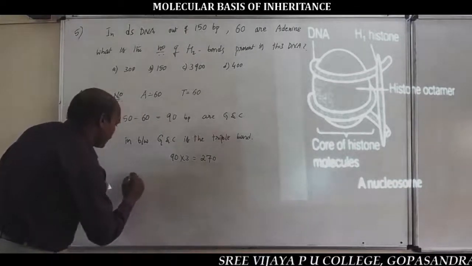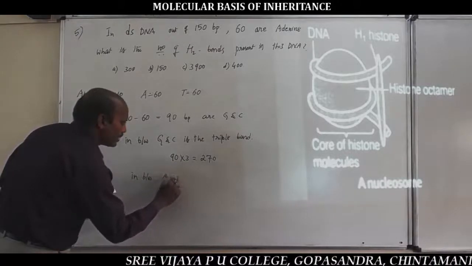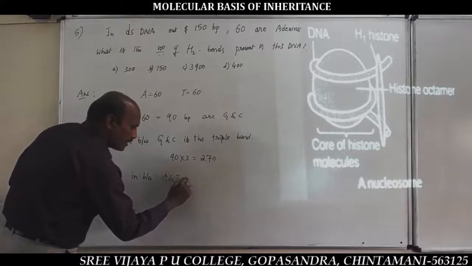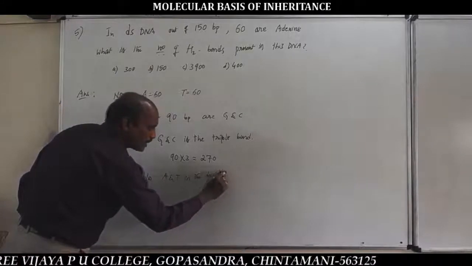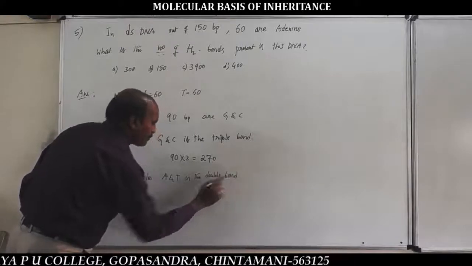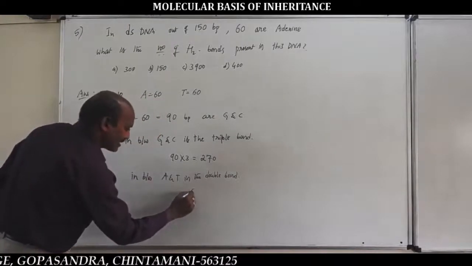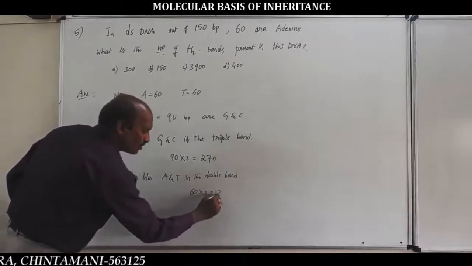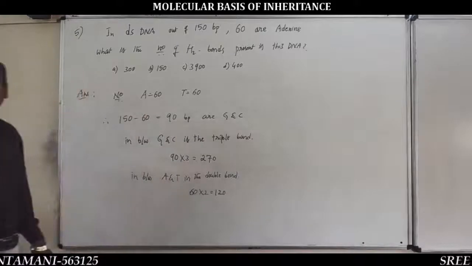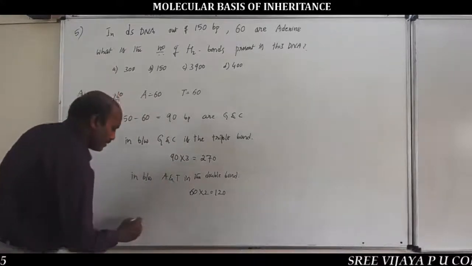Between adenine and thymine is the double bond. The adenine and thymine value is 60. 60 into 2 is 120 hydrogen bonds between adenine and thymine.